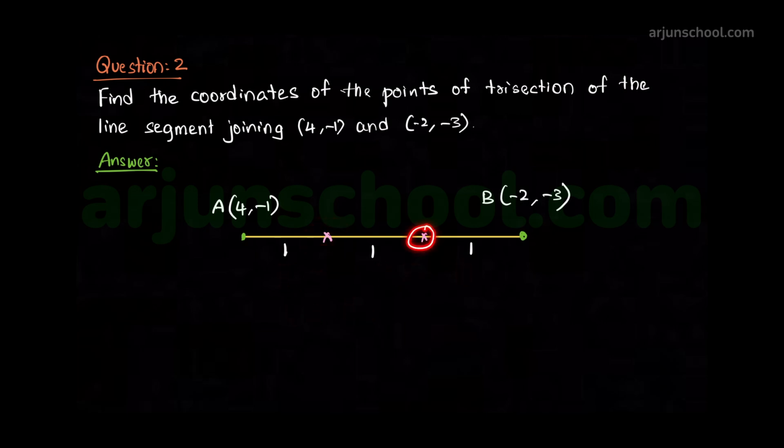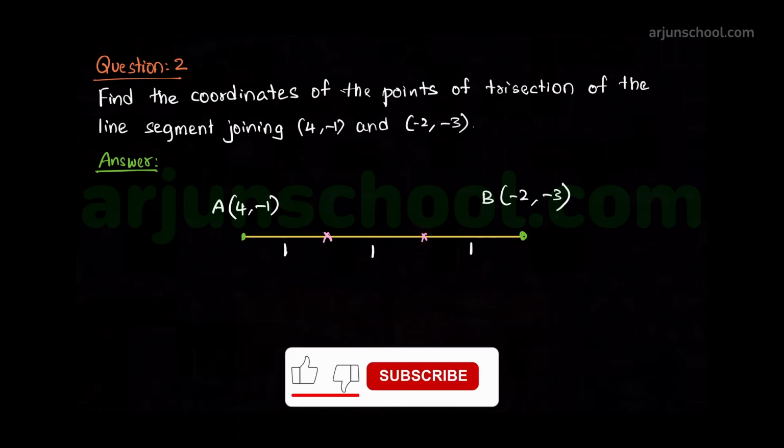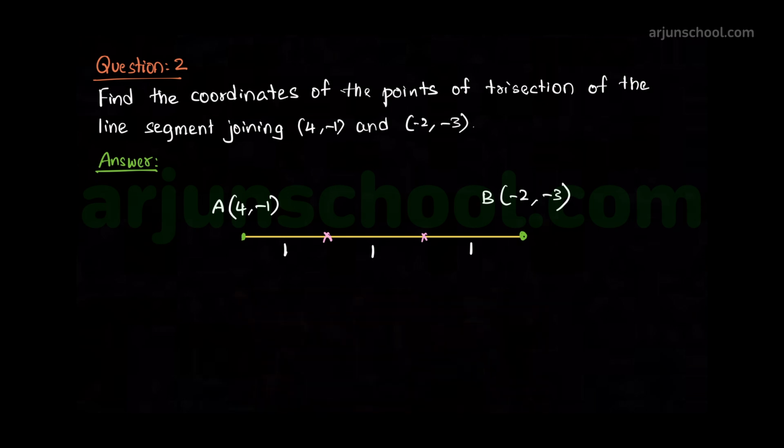And the second point of trisection divides the line segment AB in the ratio (1+1):1, which is 2:1. Hence, the points of trisection divide the line segment internally in the ratios 1:2 and 2:1 respectively.